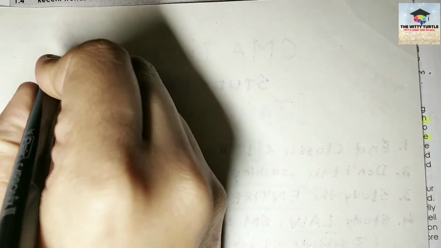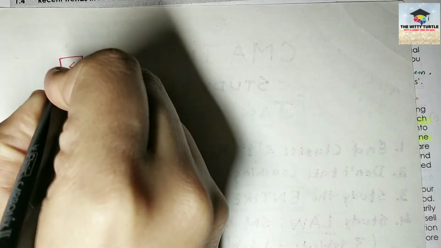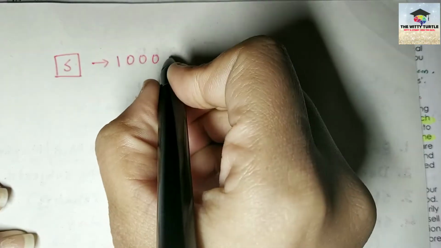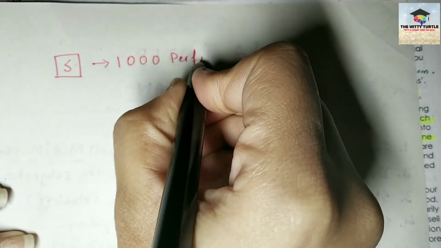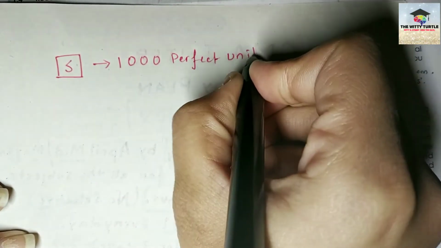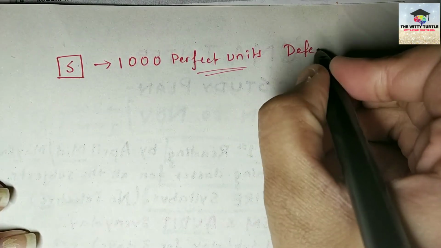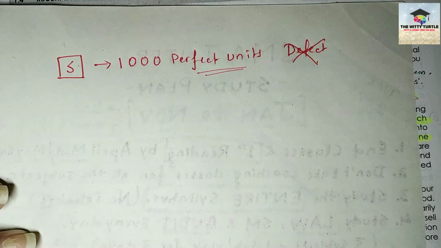So, I'll make you understand this through a diagram. Previously, you have set a standard that we need to produce at least 1000 perfect units. Right? There is no defect here.